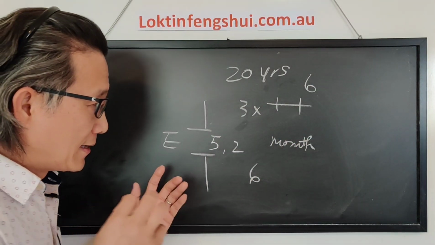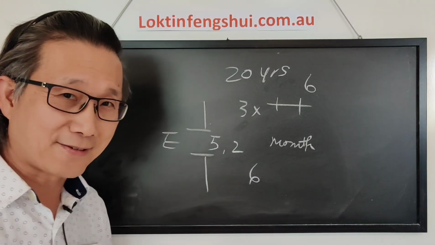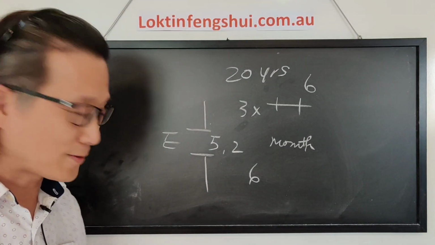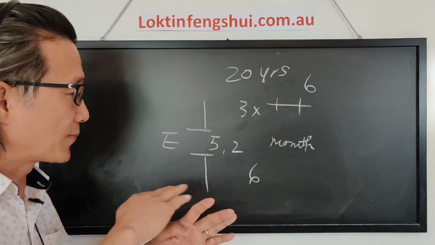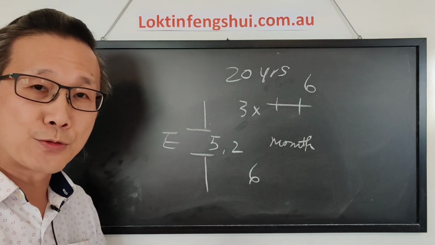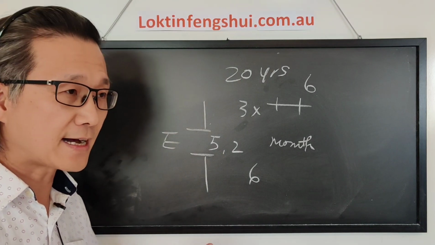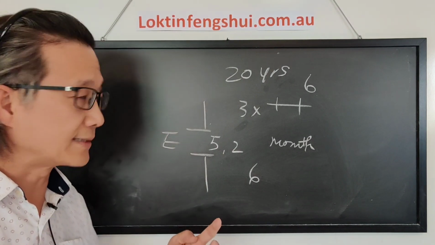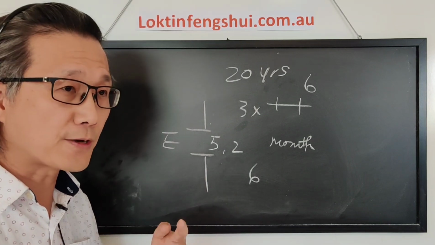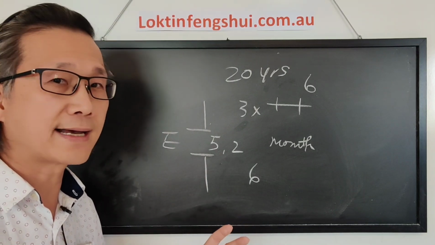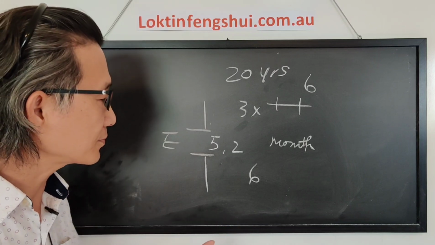But I'm still okay, everyone living here is happy, no problem, because the layer before we put the annual star and the monthly star, we have to do it correctly. And even though the annual stars are not so favorable, it will not trigger any Feng Shui issues.